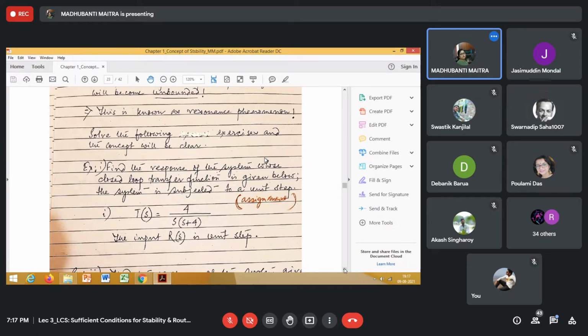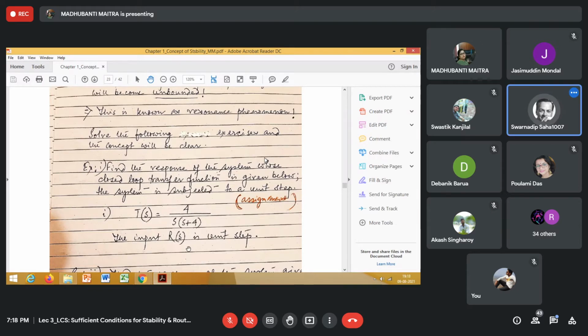Here again, I am repeating, this is the closed loop transfer function. The system has a pole at s equal to 0 on the imaginary axis. And if we excite the system with a unit step, then R(s) will be 1 by s. So the input is also having a pole at s equal to 0.